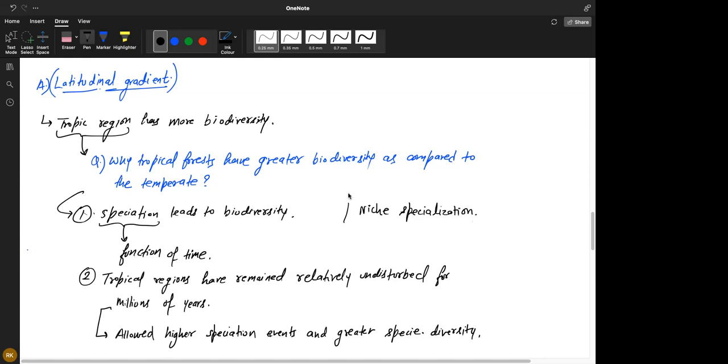So the environment is constant and also less fluctuating. It will not just give time, it will also allow organisms to develop their niche. And this leads to greater species diversity.